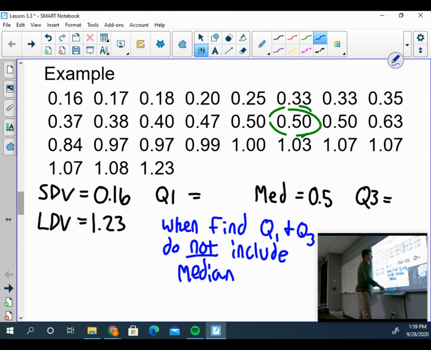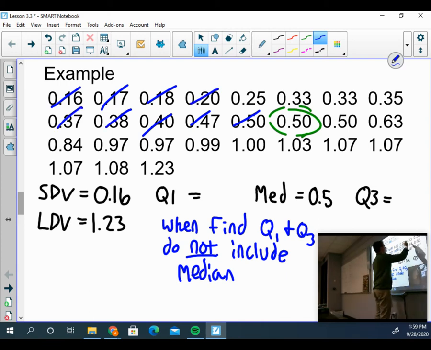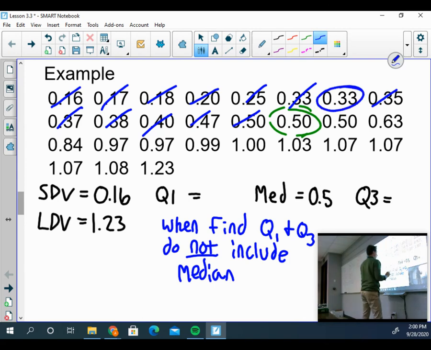So what's this practically look like? Well, I want to find Q1, so I want to find the median of the first half of the data set. My median is at 0.5, so I'm not going to include it. So I'm going to start crossing off the data value left of my median. And then I'm just going to keep going. And when I do that, I find that Q1 is 0.33.